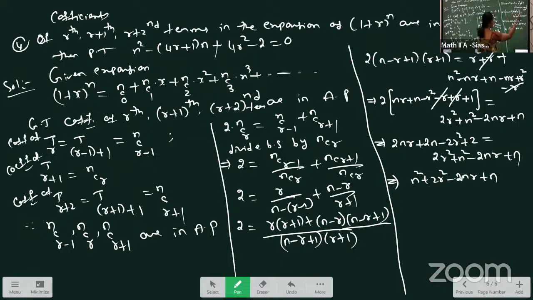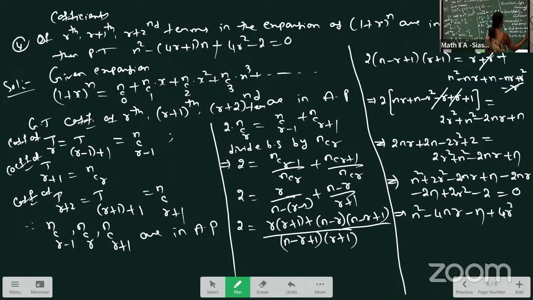If these terms go to the other side, the sign will change. 2nr becomes -2nr, 2n becomes -2n, -2r² becomes +2r², and +2 becomes -2, equals 0. So n² - 2nr - 2nr = -4nr, and -2n + n = -n, plus 2r² + 2r² = 4r², minus 2 equals 0.